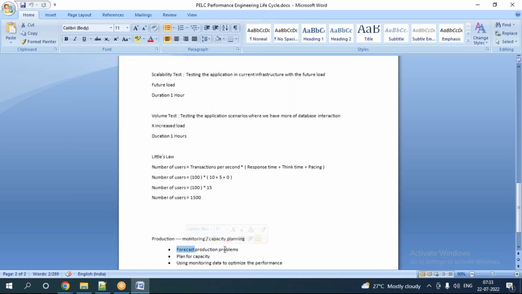Forecasting production problems. If this trend is going on, will it create a problem or what? Right now, the data is like this. If it is prolonged for some time, will it create a problem or what? That is what they are doing by doing the monitoring activity. And then plan for capacity.